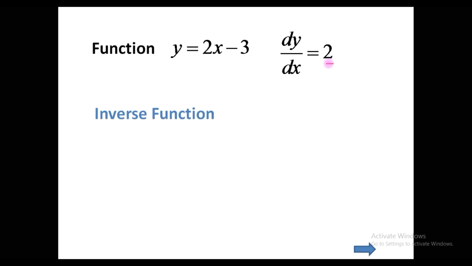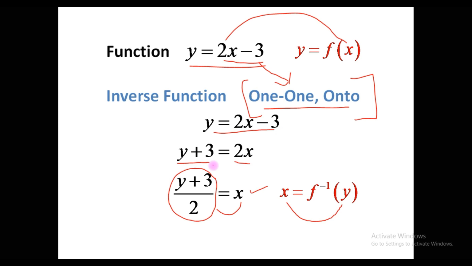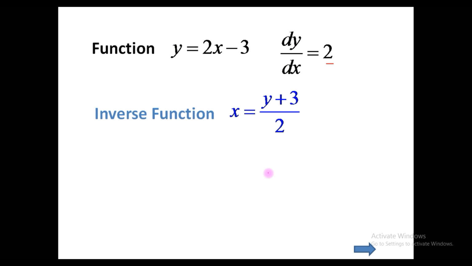So what is the inverse function for this? Just now we have seen that x is equal to (y plus 3) upon 2. This was the inverse function. So here x is written in terms of y. So I am going to differentiate this with respect to y, not with respect to x.